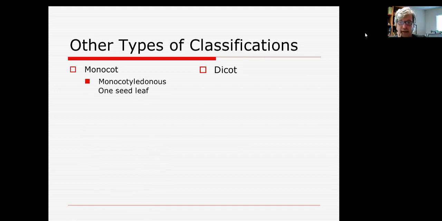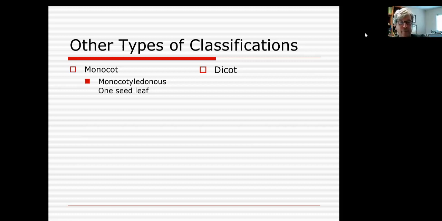So monocot is really an abbreviation for monocotyledonous. The cotyledon are the seed leaves. The first thing that emerges when a true seed-bearing plant comes up is, quote, a seed leaf. And so a monocot only has one of those when it emerges from the soil.